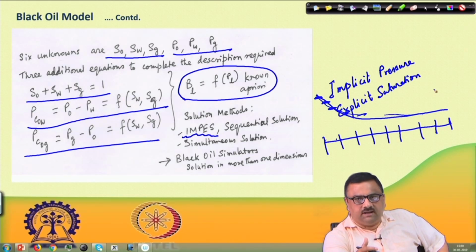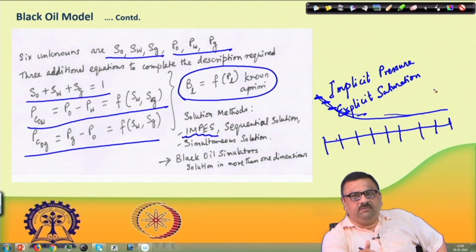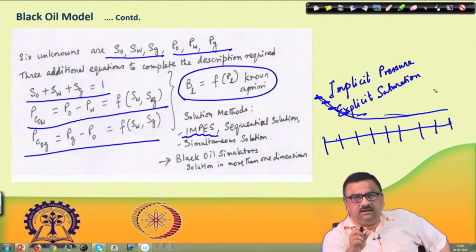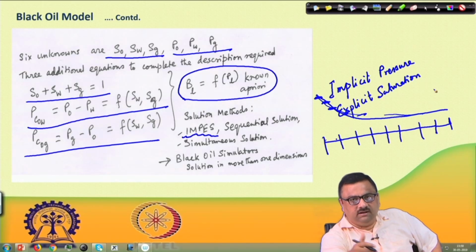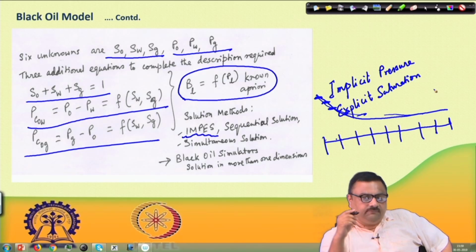You give one delta t time step and do all these changes, assuming that over this time step things are linear. Okay. As if you go for a Taylor series expansion and ignore higher order terms and consider only the linear, first order term, with the assumption that the delta t and delta x that you have chosen are very small. Okay. So, you continue to march like this in time and find out the solution at certain other time that you are looking for.